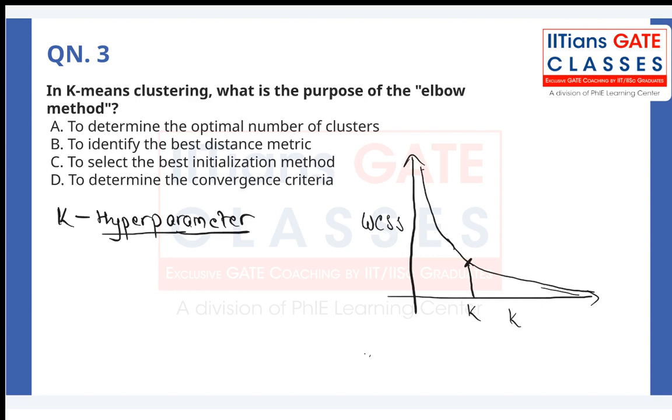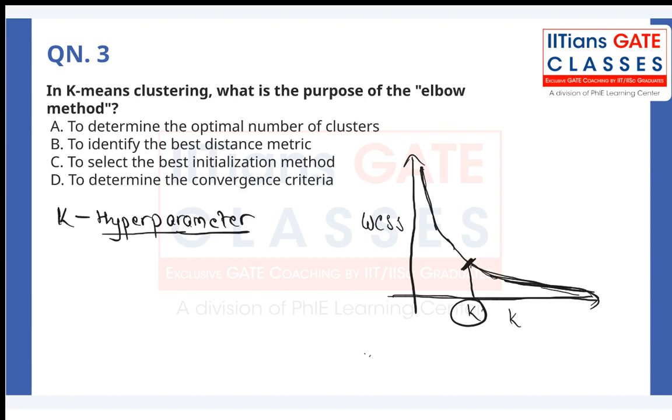The x-axis denotes K, the number of clusters, and the y-axis the within cluster sum of squares. It starts at a very huge value when K is 1, and as you increase the value of K, it reduces. It kind of goes flat at this point.